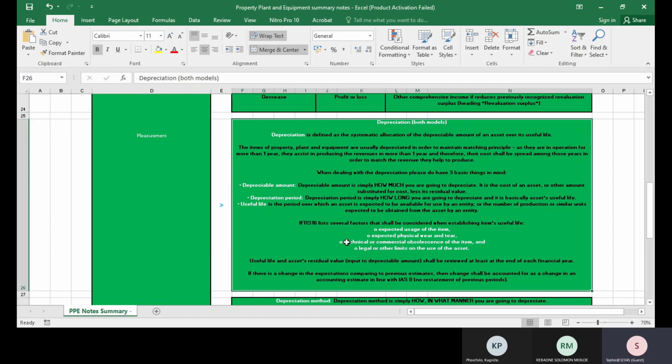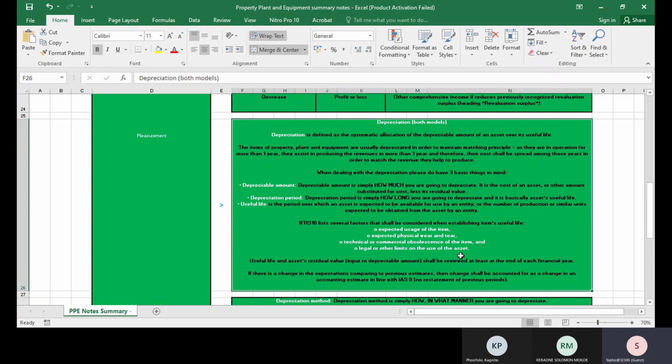IAS 16 lists several factors that shall be considered when establishing an item's useful life. So when you establish an item's useful life, you must consider the following: expected usage of the item, the expected physical wear and tear, technical or commercial obsolescence of the item, and the legal or other limits on the use of the asset.